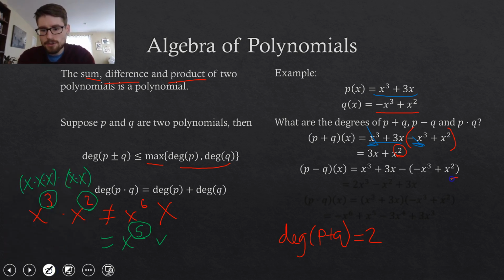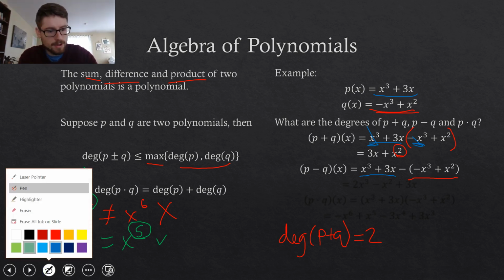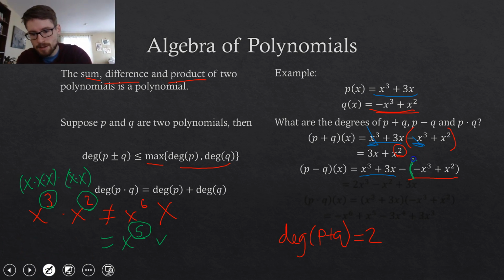So here we're subtracting all of Q, which is negative x cubed plus x squared, from the polynomial P, which is x cubed plus 3x. So we're subtracting the whole thing. So those parentheses are essential. Don't leave them out. These parentheses are super important. I'm going to highlight them really large.